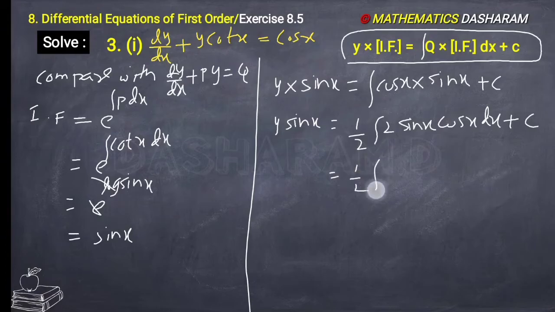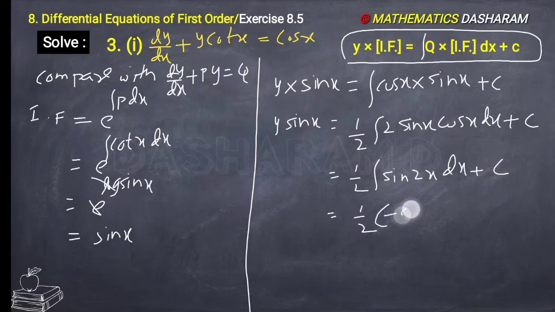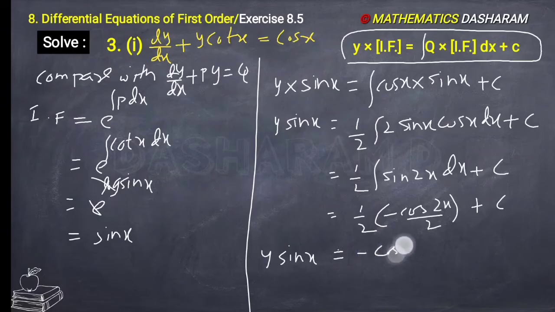So 1 by 2 integration of 2 sin x into cos x, which is sin 2x, dx plus c. So 1 by 2 integration of sin 2x is minus cos 2x divided by 2 plus c. So y into sin x equals minus cos 2x divided by 2, 2 twos are 4, plus c.